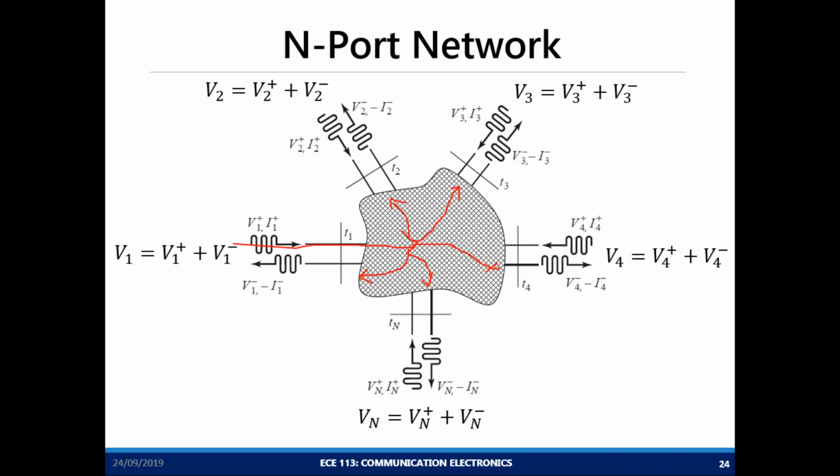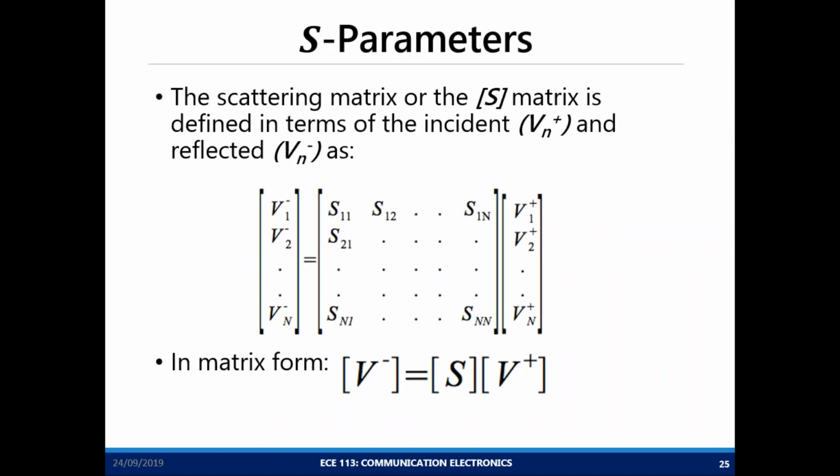That is your S parameters, and it relates the voltage going out and the voltage going in. In matrix form, the vector of the voltages going out is equal to the S parameters multiplied by the voltage going in. So this is your incident, that one, and this is your reflected, that one.